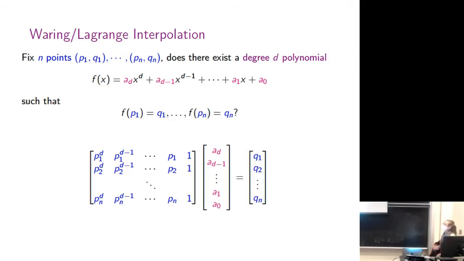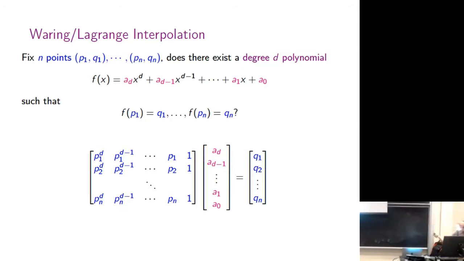It's no longer a homogeneous system, right? I'm not saying that some matrix times some indeterminate is 0. I'm actually specifying possibly a non-zero vector here. And so in order for this equation to have a solution, I want to have at least as many columns as rows. I don't need to have strictly greater because I don't have this scaling flexibility that I used to have.